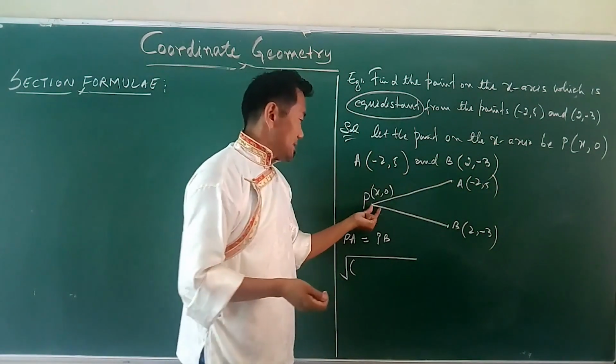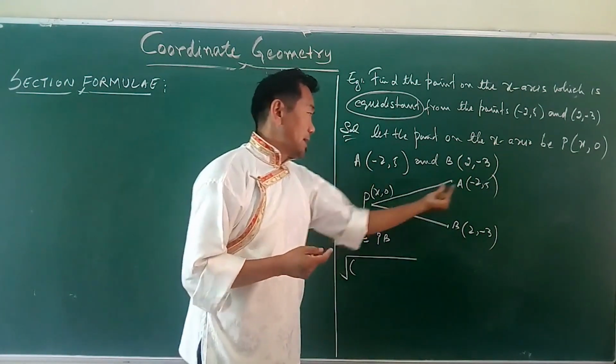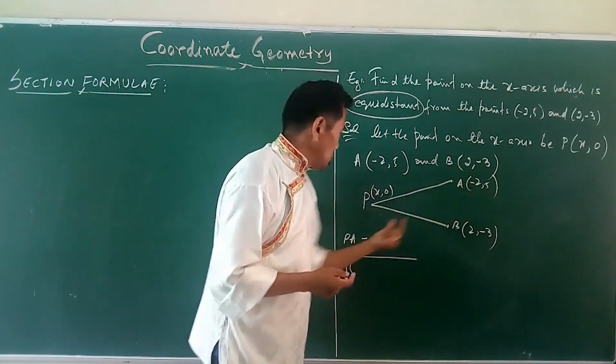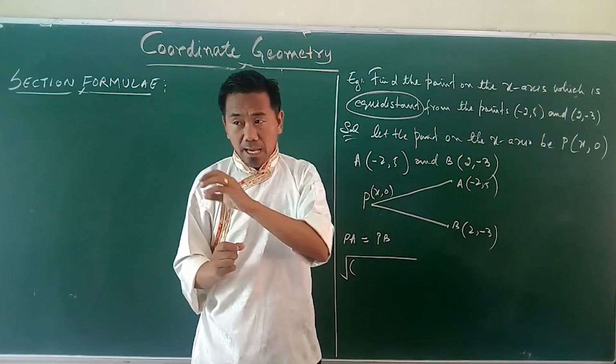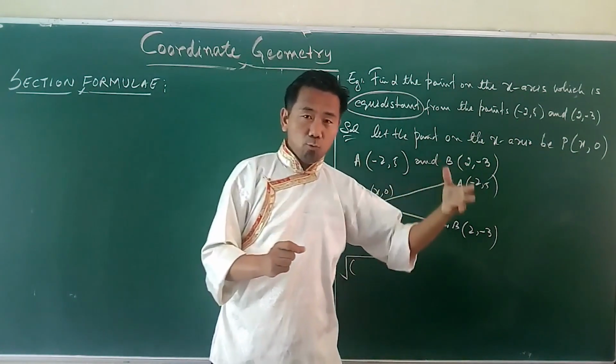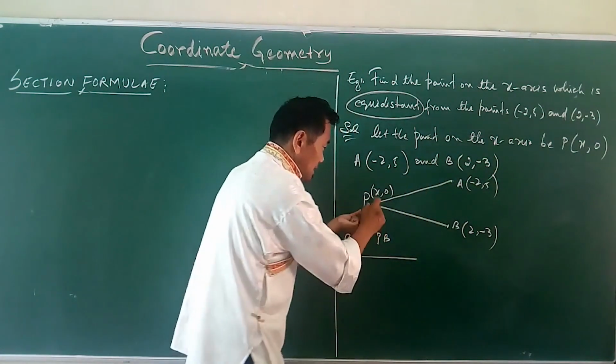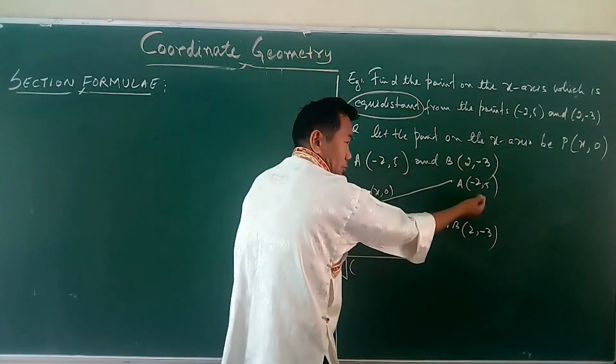Suppose this is x and y, and this is 1 and 2. Yesterday we recognized x1, y1, x2, y2. It doesn't matter which is x1, y1 or x2, y2.